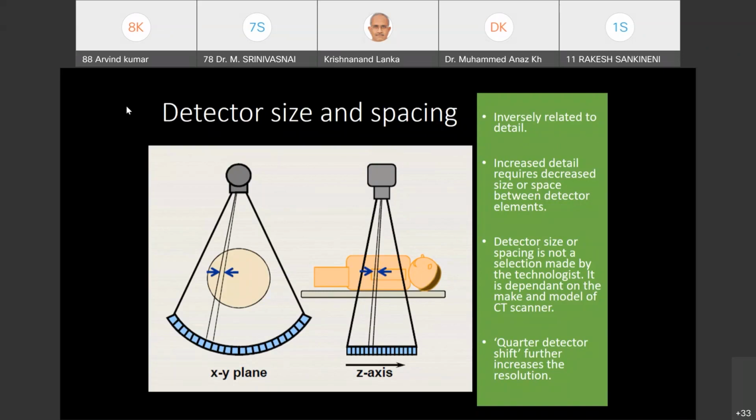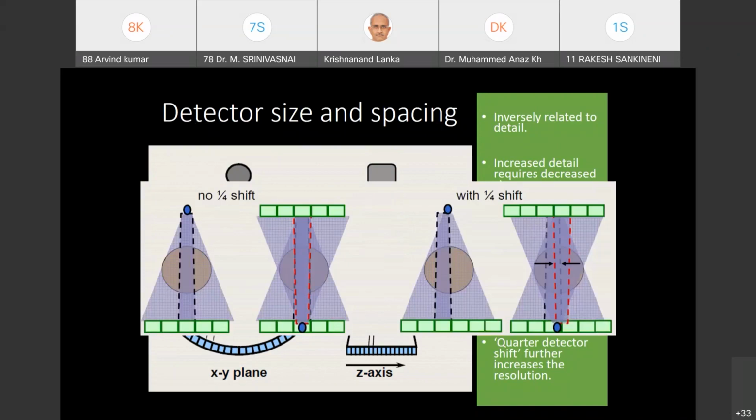A similar strategy we can use here to increase the resolution. Here you can see one image without overlap, with no shift, and this is with a 1/4 shift. This 1/4 shift overlap will automatically increase the resolution of your image.